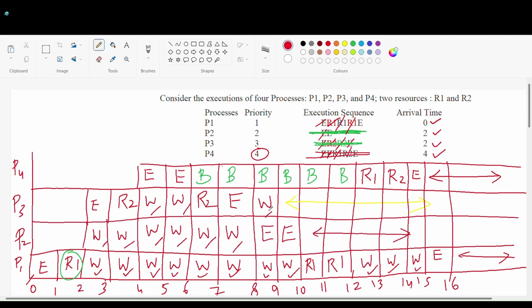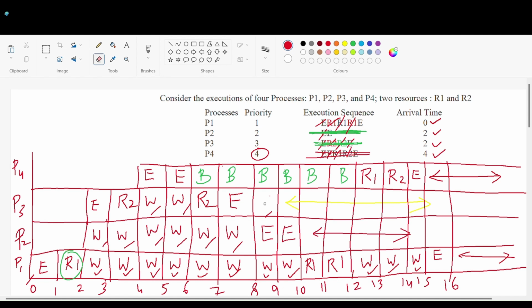P3 wait here. Yes, yes, you are right. It was written wrongly.